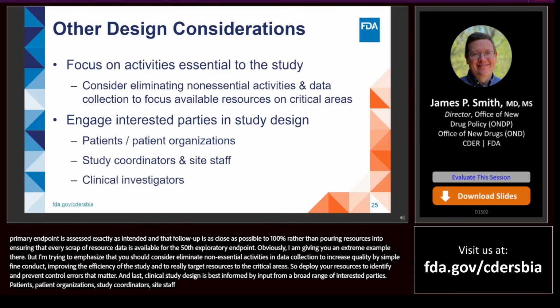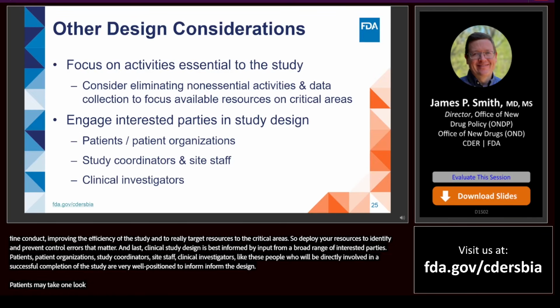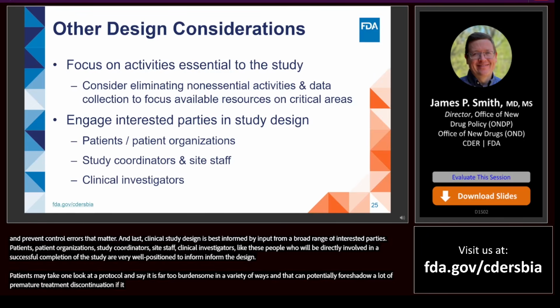Patients may take one look at a protocol and say that it's far too burdensome in a variety of ways, and that could potentially foreshadow a lot of premature treatment discontinuation if it's not modified. Clinical investigators and site staff could give a lot of insight into the feasibility of enrolling patients who meet the inclusion and exclusion criteria, and maybe those need to be modified or broadened.